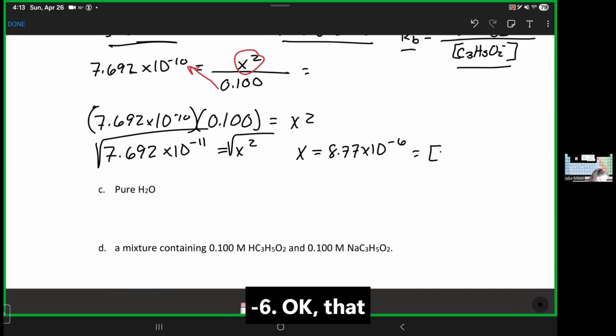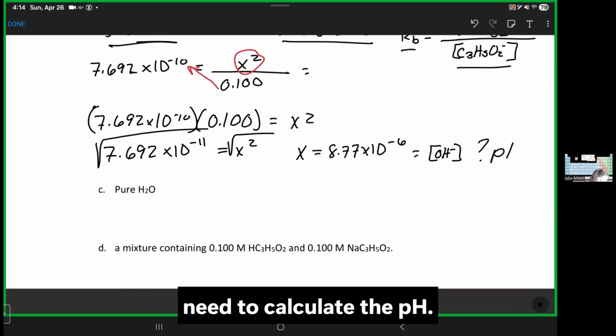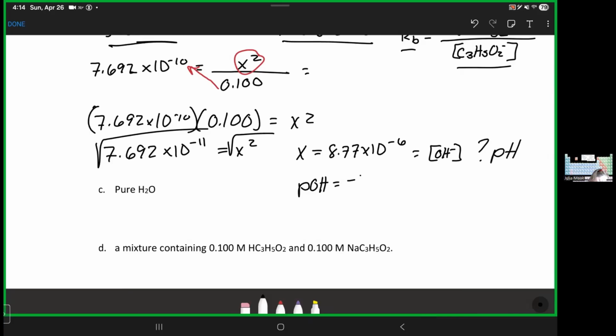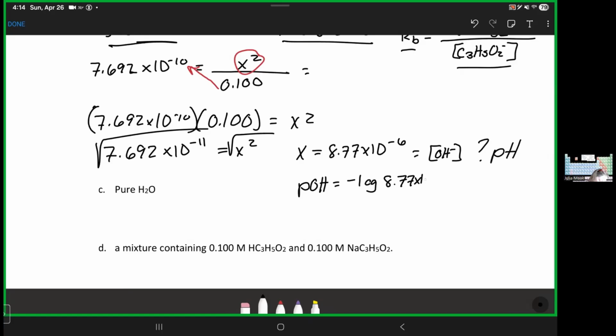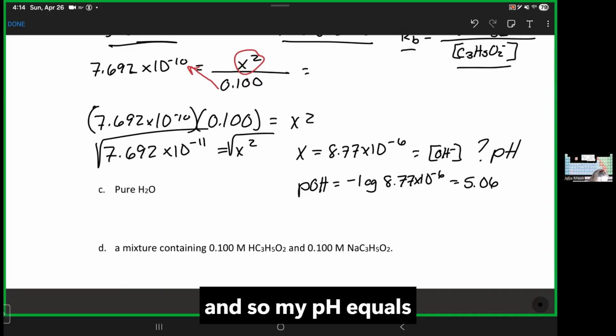That is my OH concentration. We need to calculate the pH. Our question is pH, so our pOH is the negative log of that. So my pOH equals 5.06.